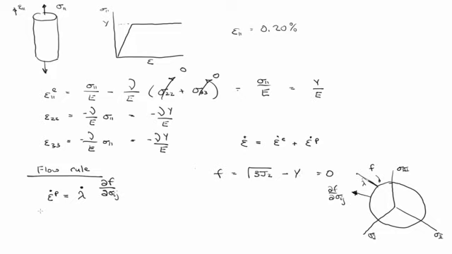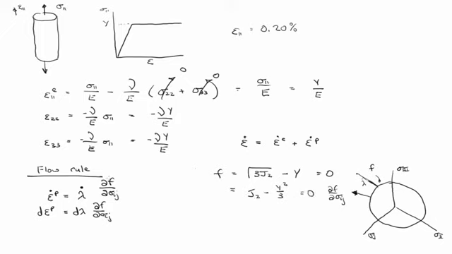We can also write this in an incremental form. So for this yield surface, you know, I can also write this as J2 minus Y squared over 3 equal to 0.